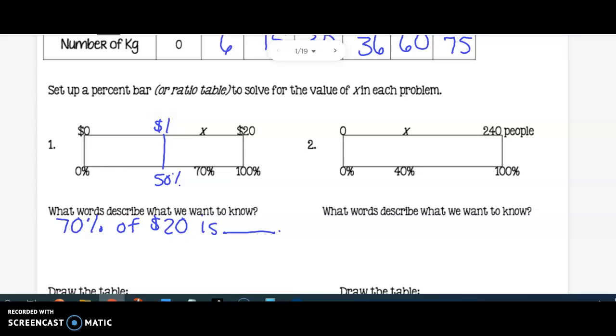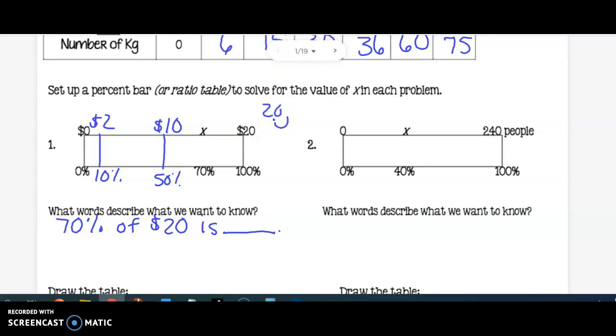We're going to put $10 right there. If I want to find 10% of $20, I just have to move the decimal over one place. So 10% of $20 would be $2. Write that right there. Okay, so now we're going to build up to 70%.